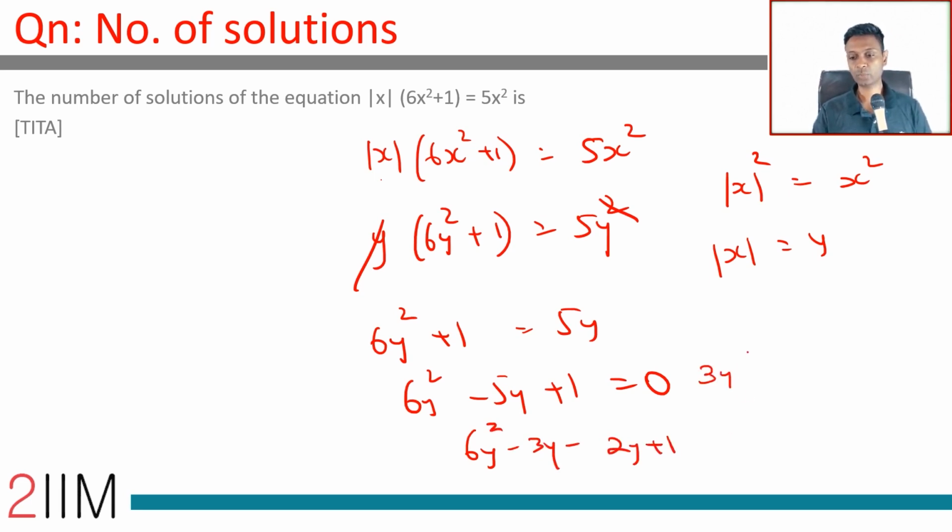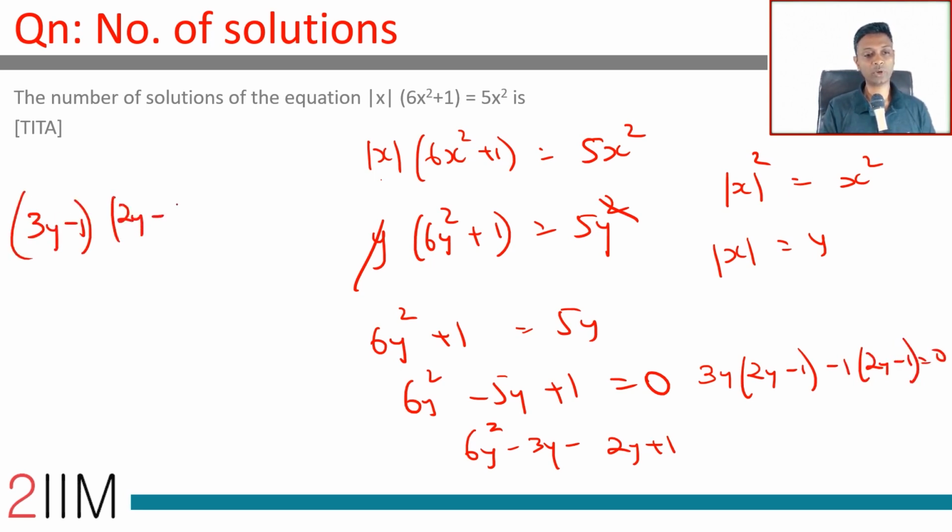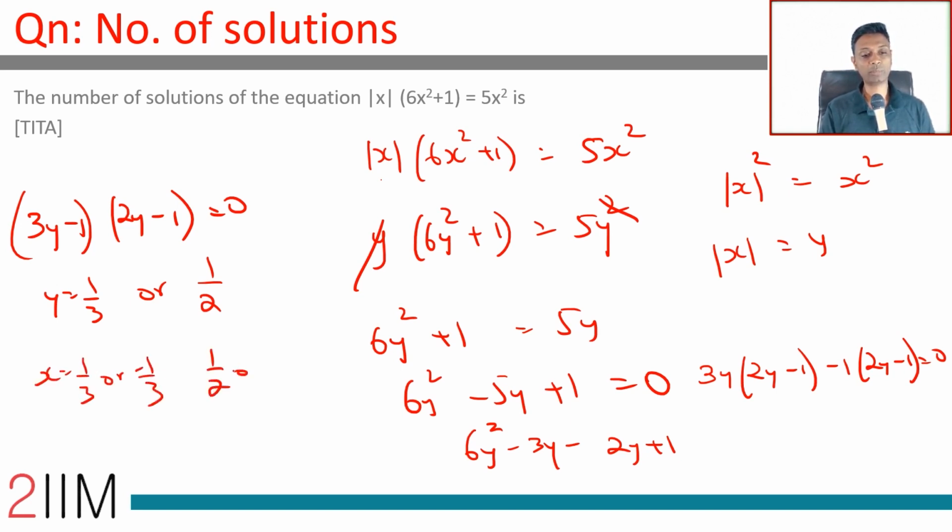So it is 3y into 2y minus 1 minus 1 into 2y minus 1 is 0. 3y minus 1 into 2y minus 1 equals 0. Y is 1 by 3 or 1 by 2. Brilliant. Now y is mod x. So x could be 1 by 3 or minus 1 by 3, 1 by 2 or minus 1 by 2. All of these will work. So there are 4 values for this.